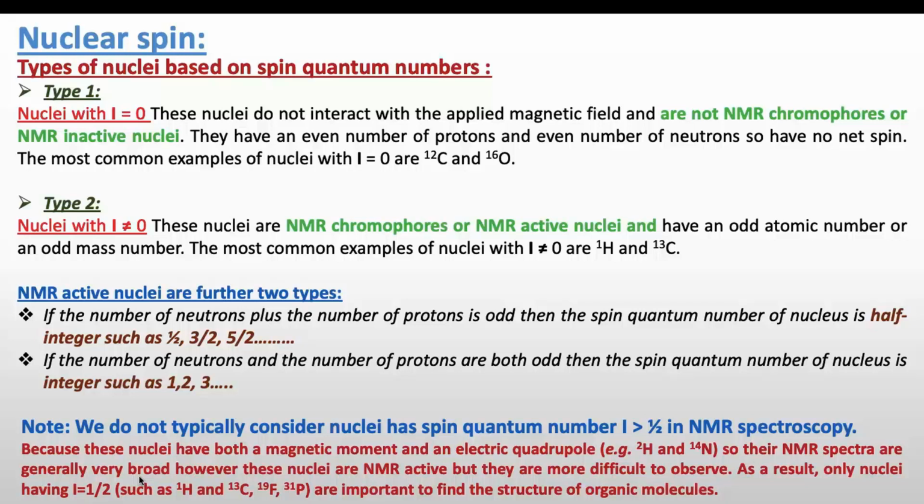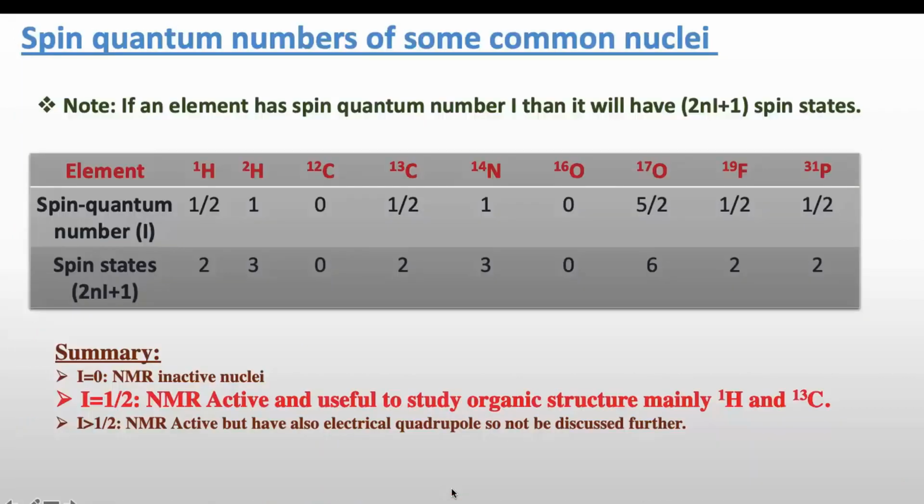That's the only reason we do not consider them in NMR spectroscopy. So only nuclei having I equal to 1/2, such as proton, 13C, fluorine, phosphorus, are important to find the structure of organic molecules.